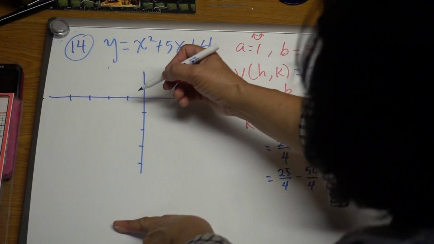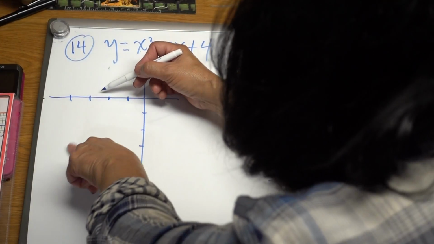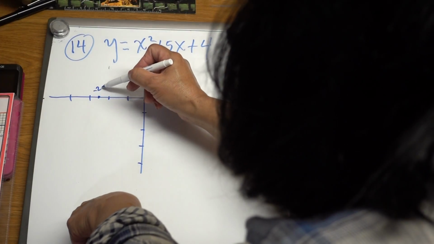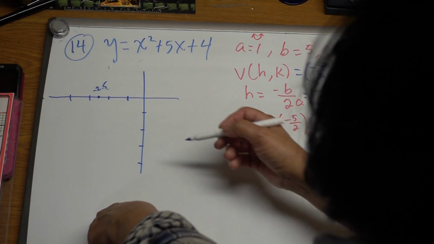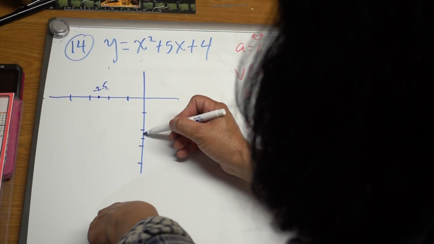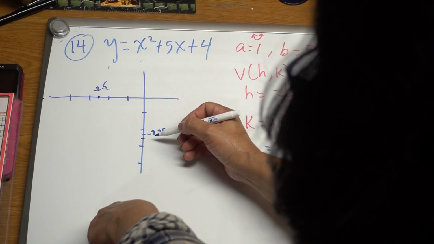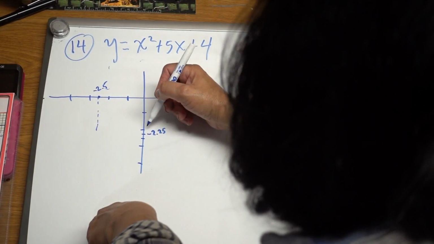Negative 2.5 is right here. Negative 2.5. And negative 2.25 is 1, 2. This is negative 2.5. Negative 2.25 is right there. So I need a vertex right here.